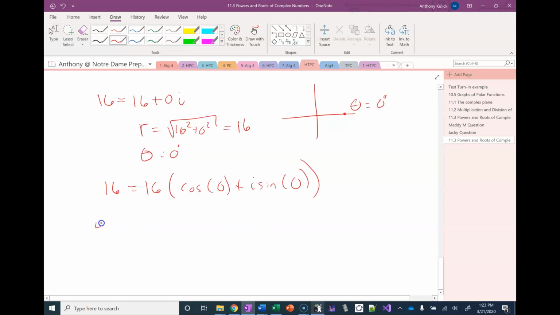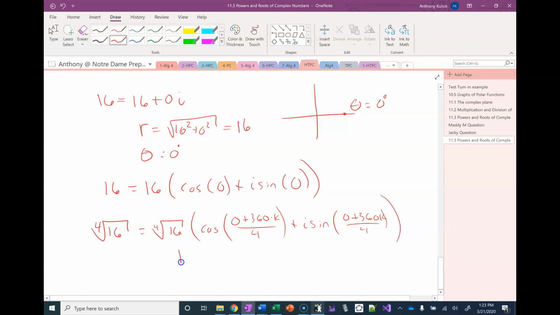So then if I want the 4th root of 16, that's going to be the 4th root of 16 times cosine of (0 plus 360k) over 4 plus i sine (0 plus 360k) over 4, where k is going to go from 0, 1, 2 to 3.